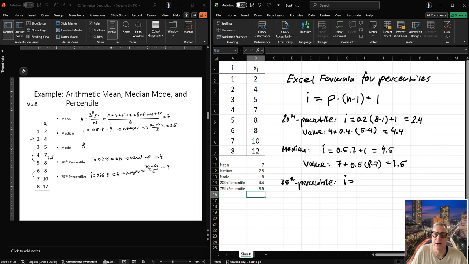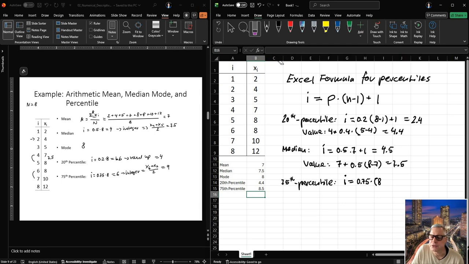The index number i is 0.75 times 8 minus 1, 7. Yeah, let's do it like before. That should be 8 minus 1, by the way. There was a typo I just noticed. I know for the value that was correct, sorry.